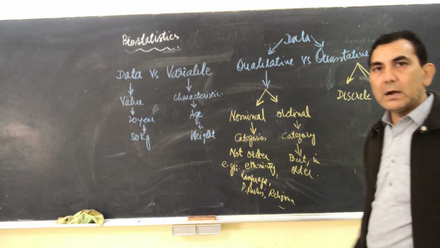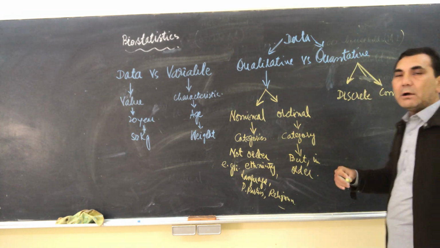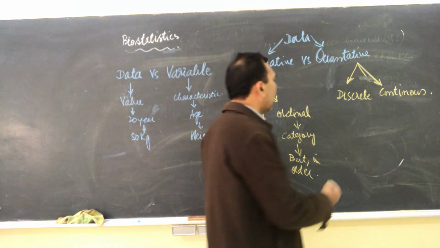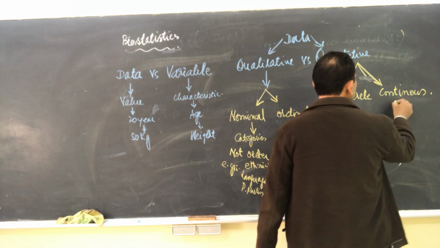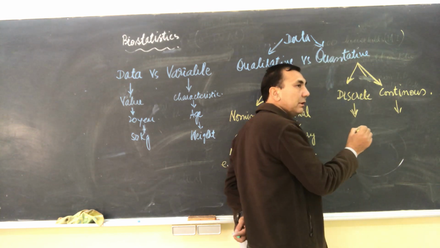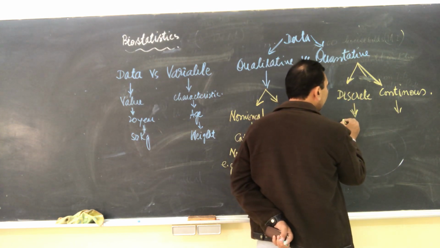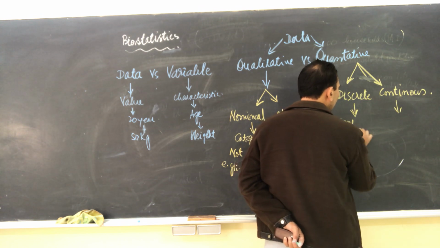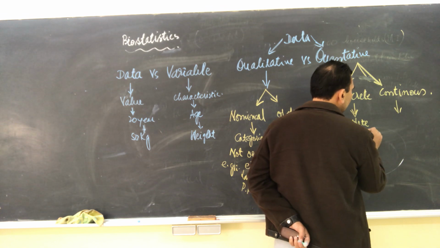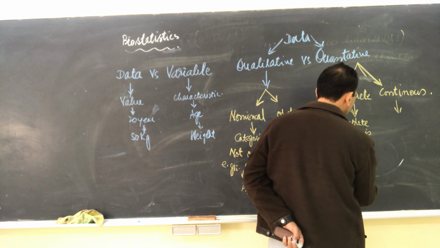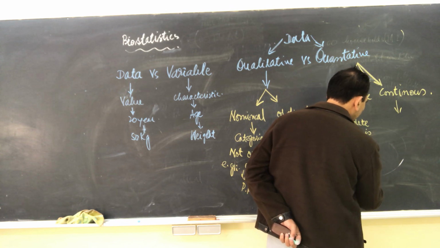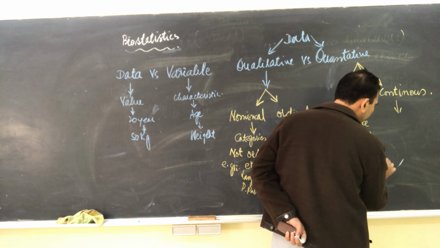Quantitative data is the data which is present in numeric form, in number form. One type is called discrete. Discrete is the type of quantitative data in which a complete gap is present between two values or data.